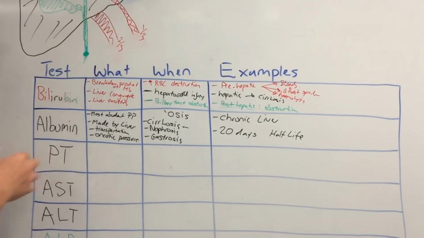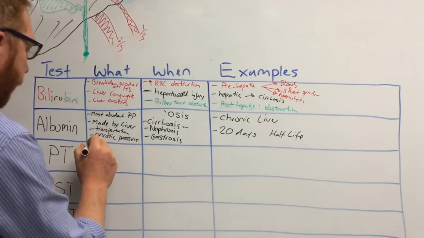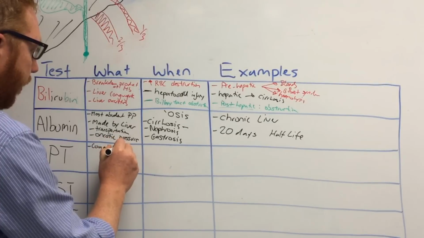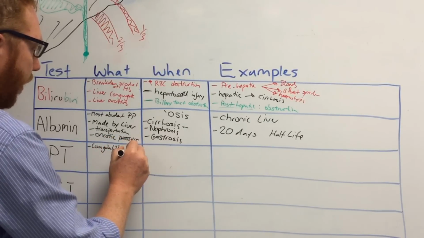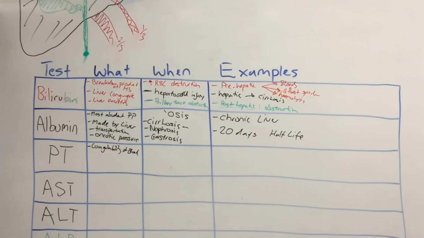Now we move to prothrombin. Prothrombin is essentially the coagulability of the blood, the way that the blood clots, with thrombin and prothrombin and all that stuff. This is just the speed of how quickly the blood can actually clot.